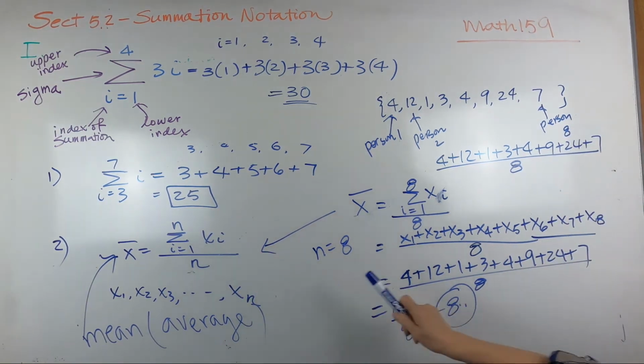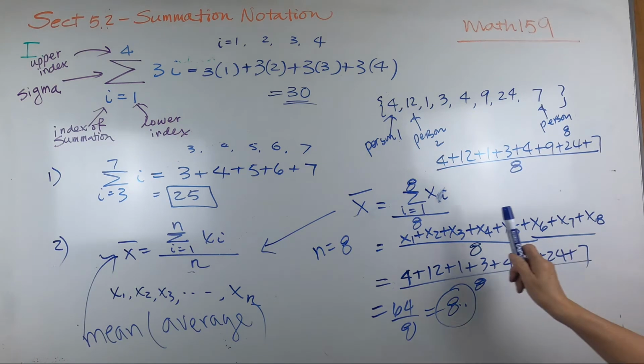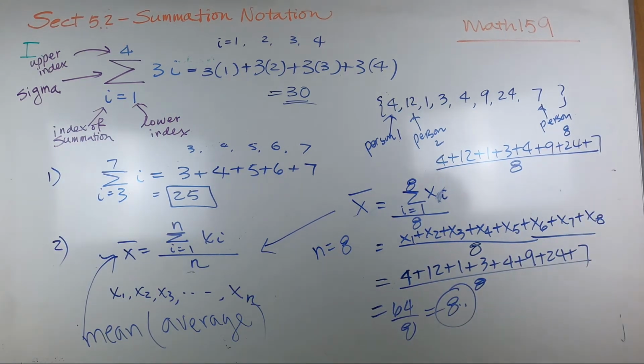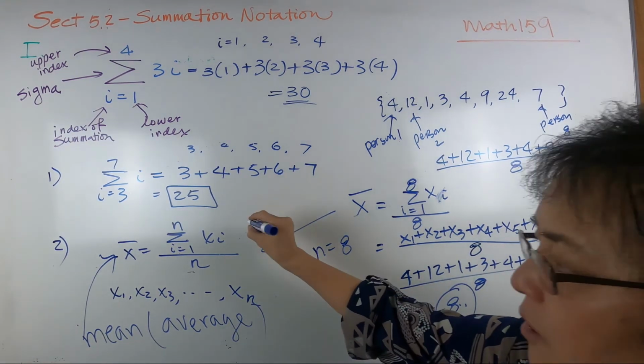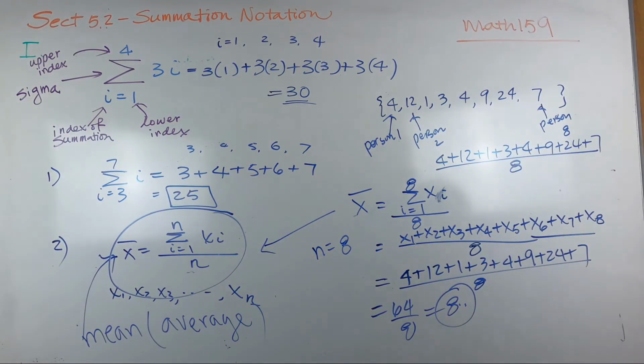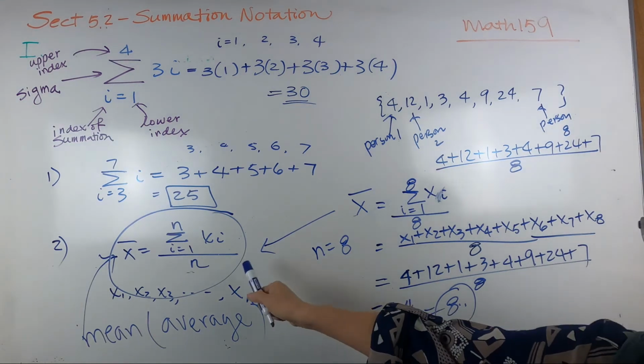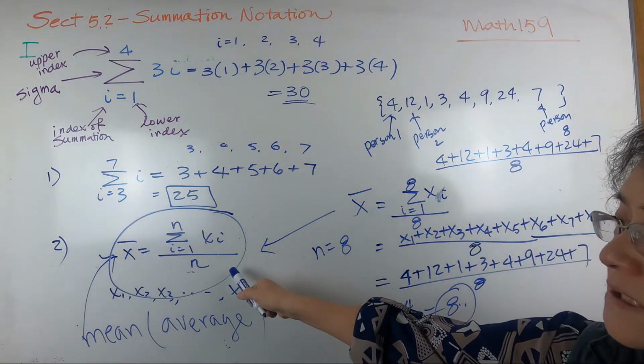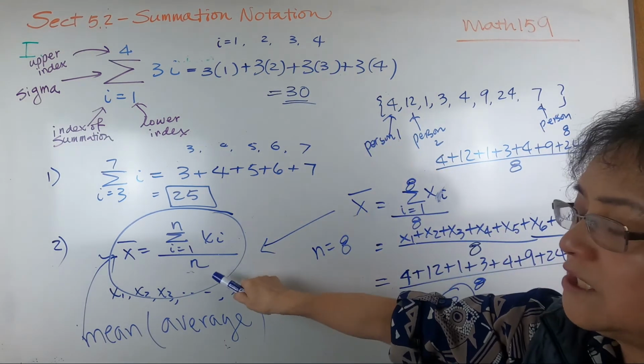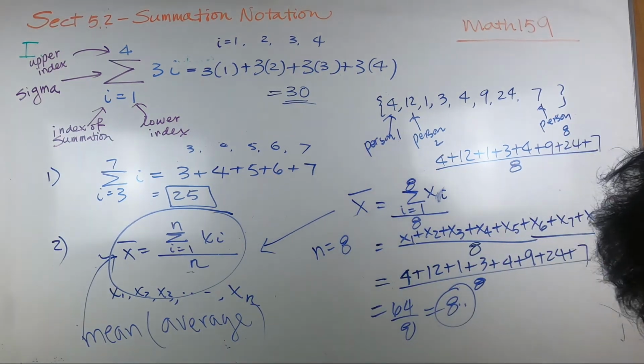You have x1 all the way to x8, then divided by 8. That's how we use this formula to do it. Are we good? This is one type of symbols, summation notation symbol you are using.